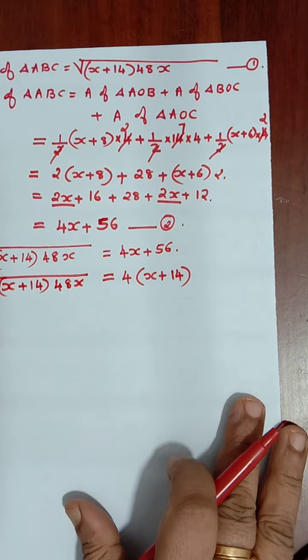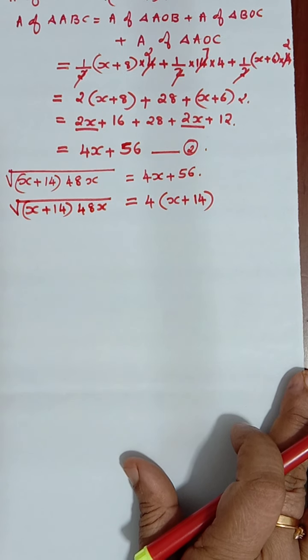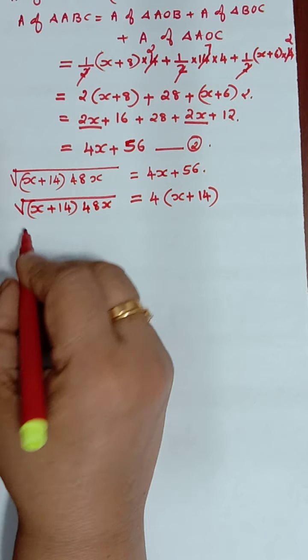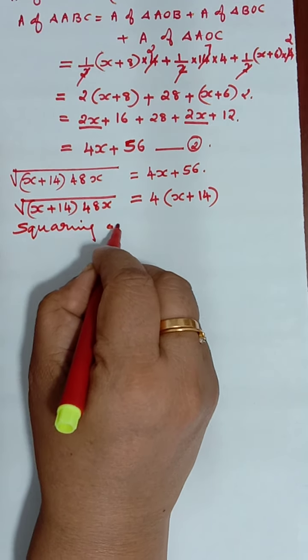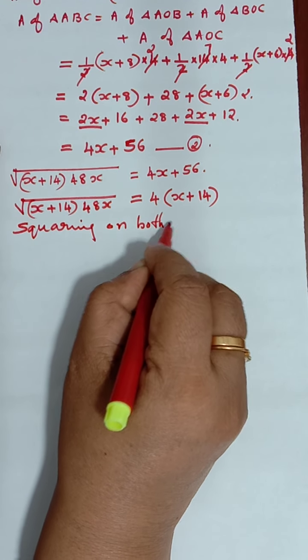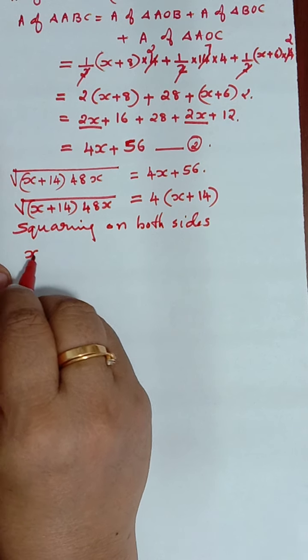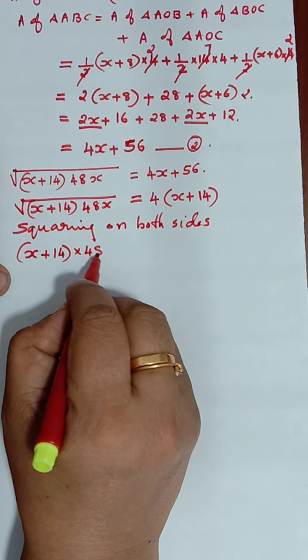Here in this step, in order to remove the square root, we are going to square on both sides. Squaring on both the sides, what do we get? Here the root will be removed: x plus 14 into 48x.